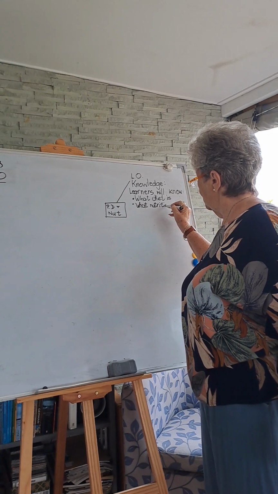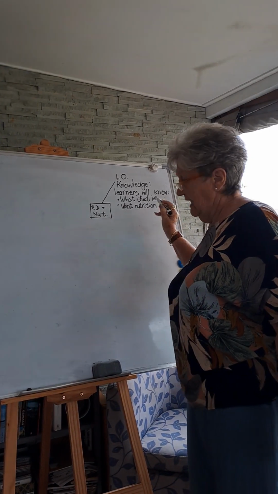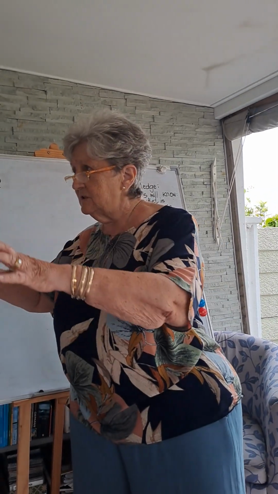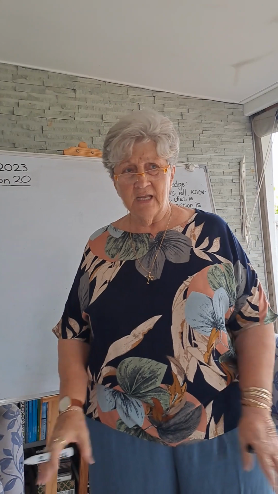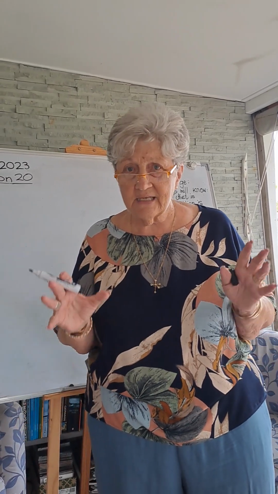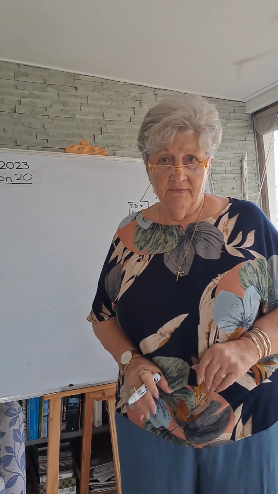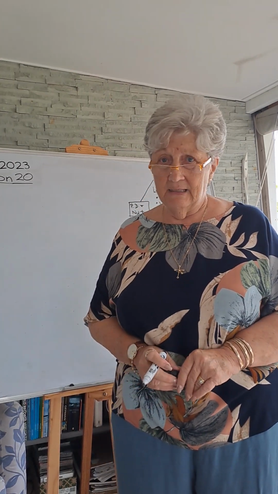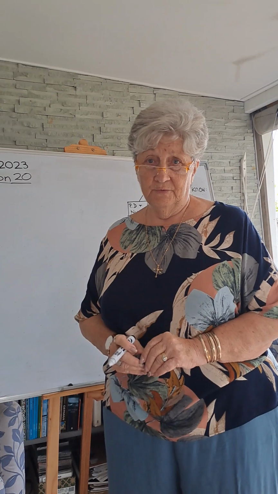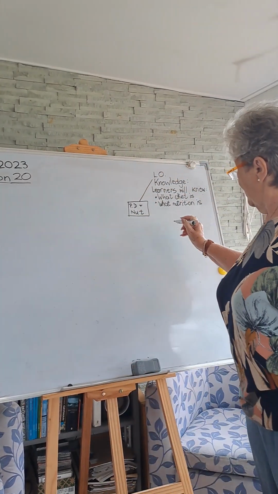And where am I finding all this information? I'm finding it in the textbook. I'm finding it on Google. I'm finding it in other books that I've got, magazines that I've got, anything that has information. And if you don't Google, then you really are very silly, because it's all there for you. What else do I want?